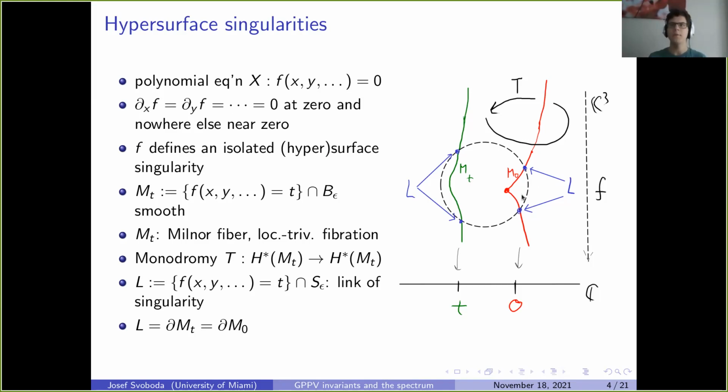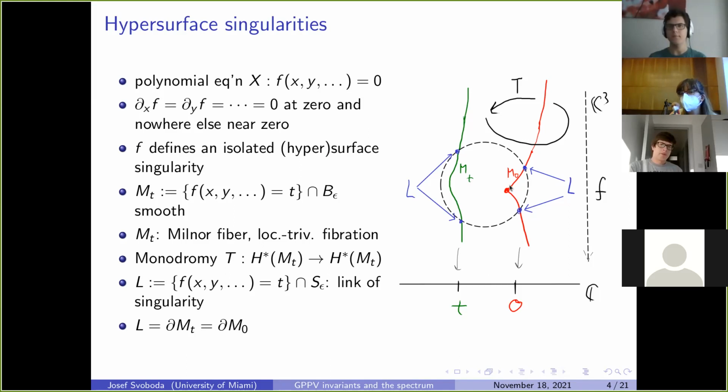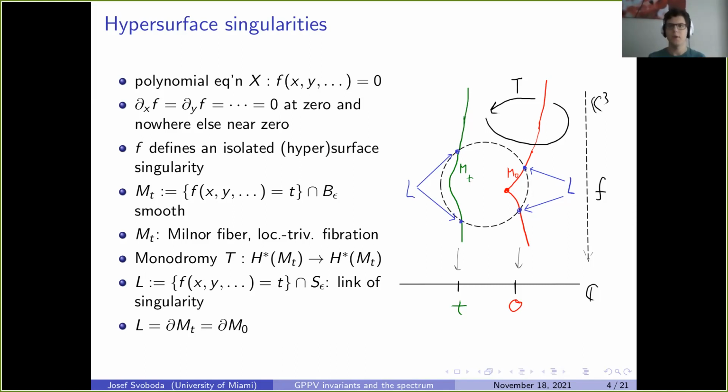Okay, are there any questions about these definitions, notions? It is maybe very familiar for you, or at least it shouldn't be very complicated.